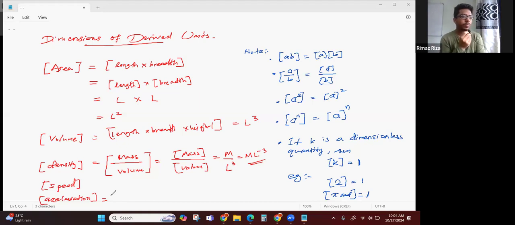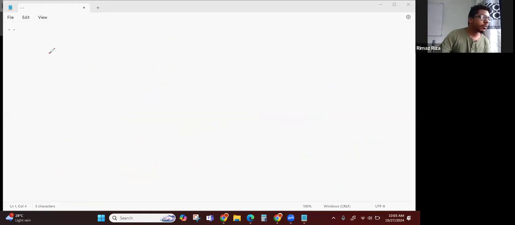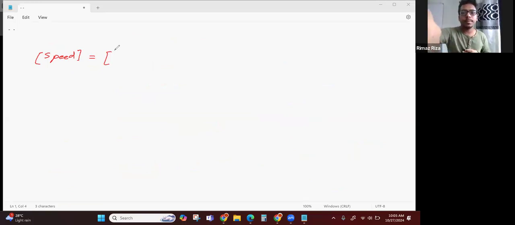You can find the dimension of speed and acceleration.